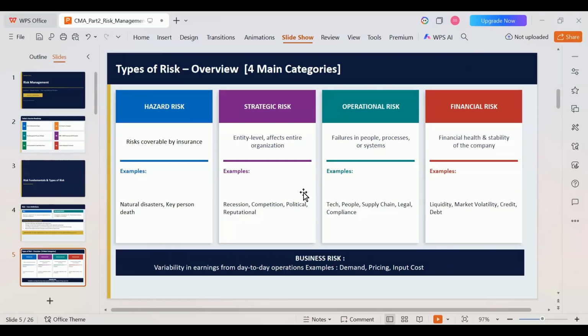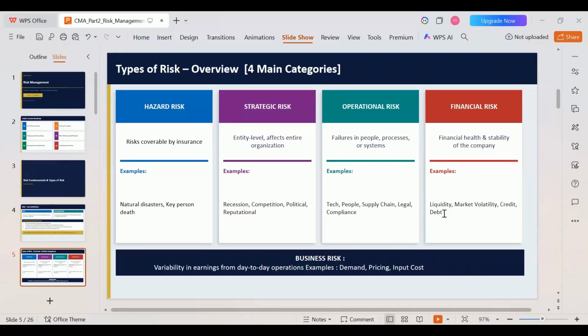It's not easy for every company to raise capital as easily as Infosys or TCS does. So the first risk they will be facing is raising sufficient capital. Then comes liquidity, maintaining ready cash so that they will have their working capital running in the business. Then comes market volatility, credit risk and debt. These are some of the financial risks a company faces.